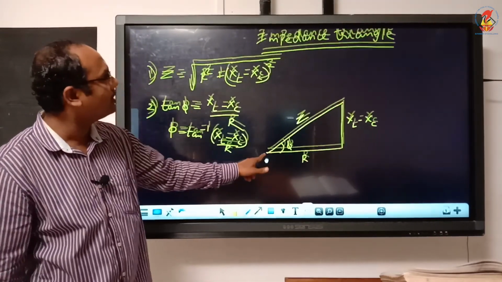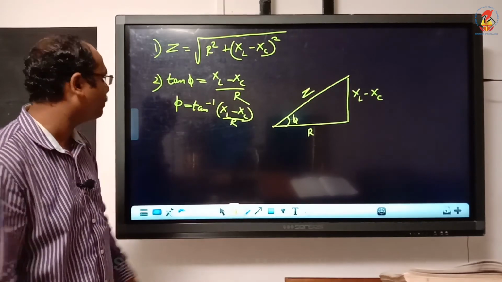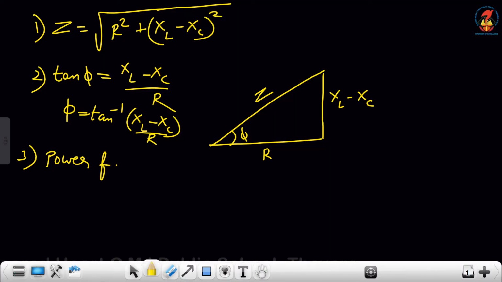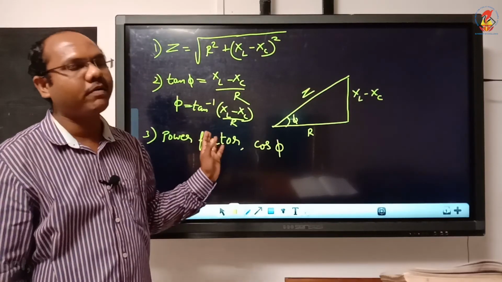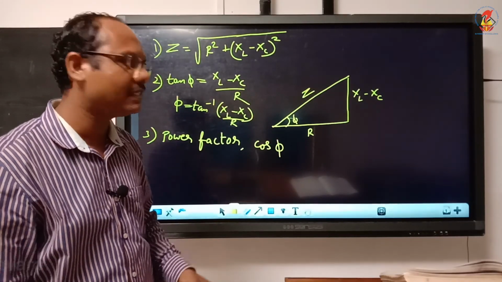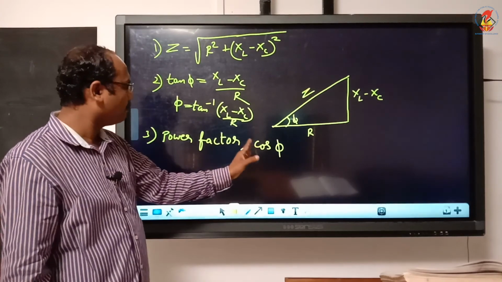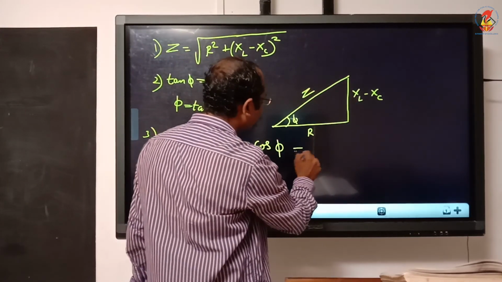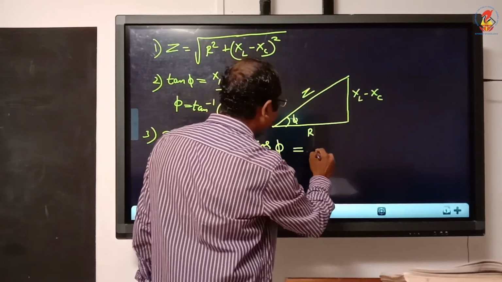The third use of the impedance triangle is to find the power factor. Power factor is represented as cos phi, and what is meant by power factor we will discuss in the next video. Now here the power factor is represented by cos phi. From the triangle you can just see what cos phi is.